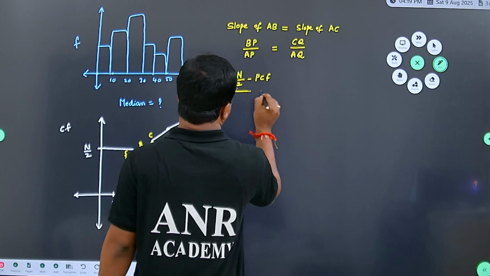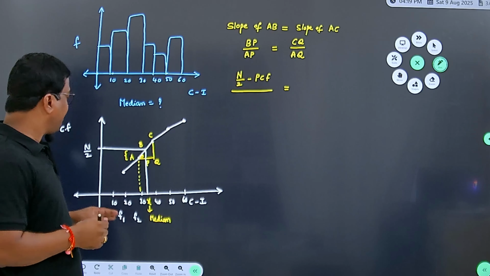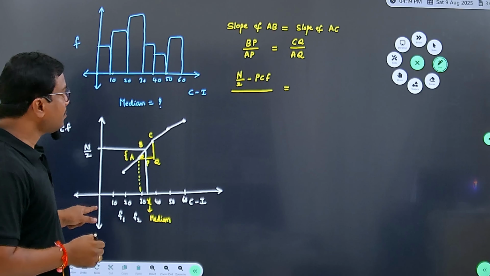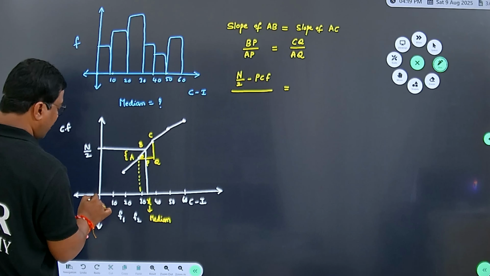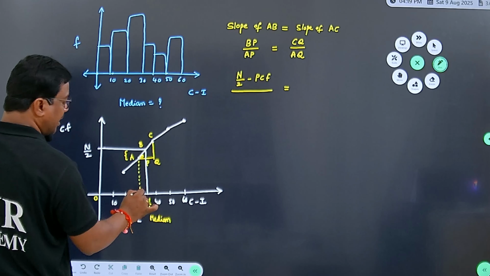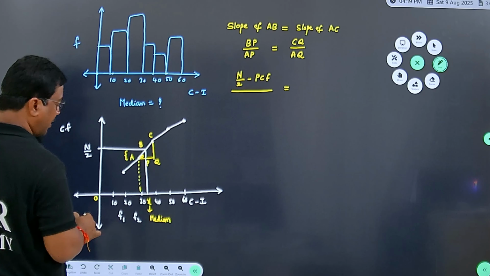Next, whole divided by AP, we have to write. Observe here the value of AP, from origin to X, that is the median. From that, if you remove the lower limit, you will get AP.